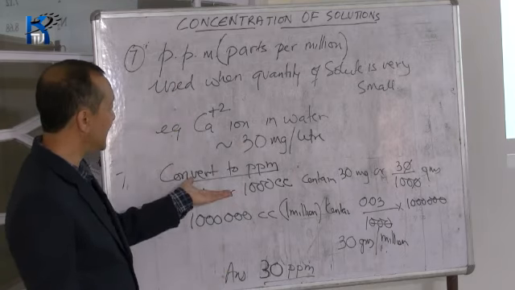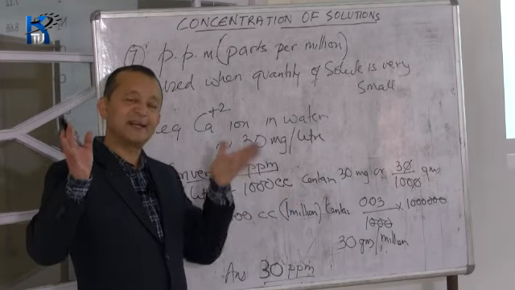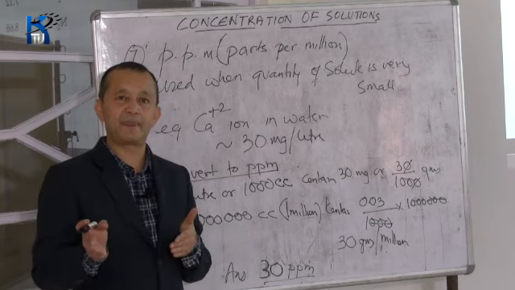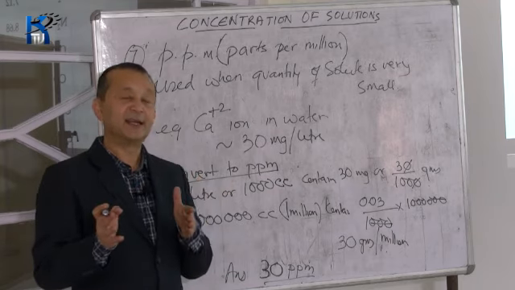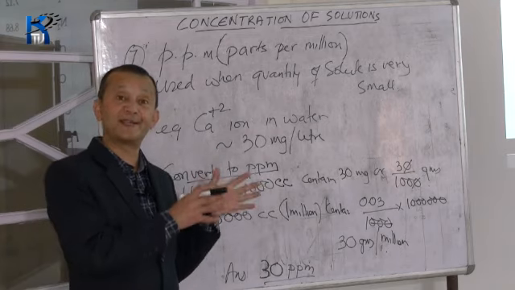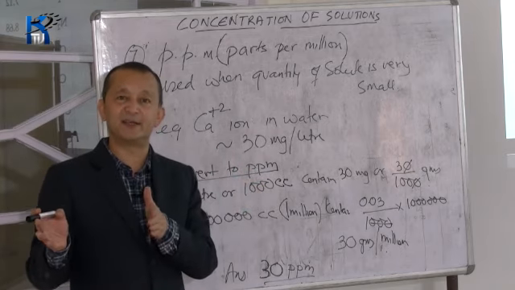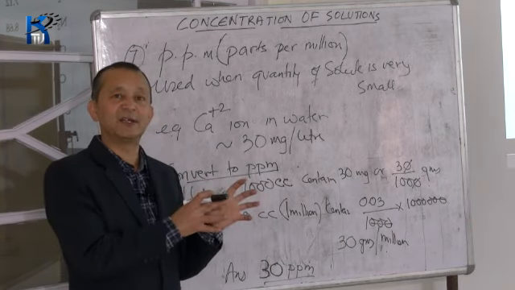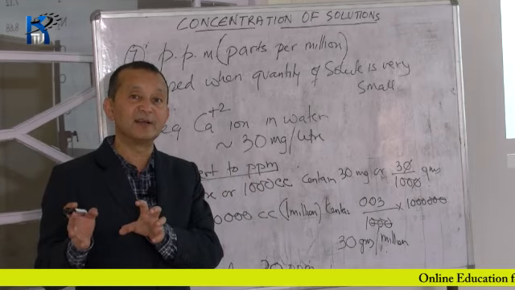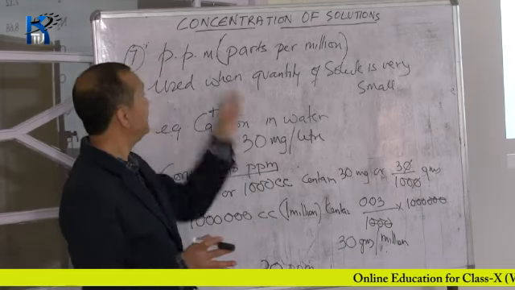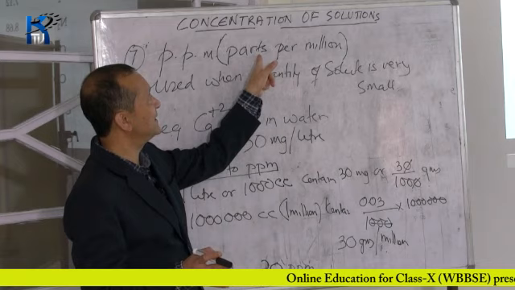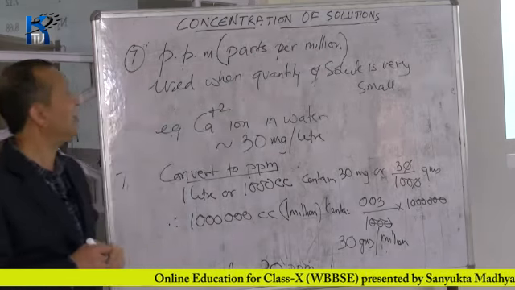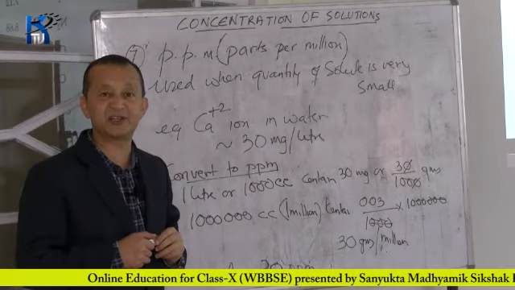In percent strength, you find out how much is present in 100 grams or 100 cc. In ppm, you find out how much is present in 1 million grams or 1 million cc. Okay, that's the difference. So this is all about your different ways of expressing concentrations of solutions.